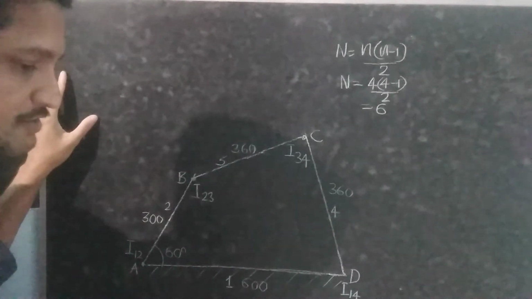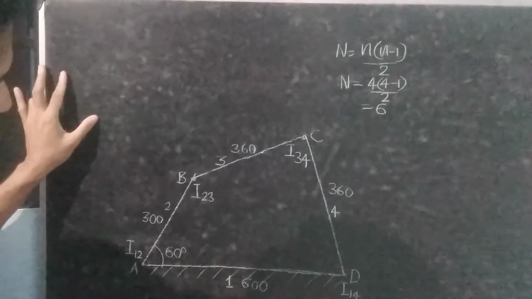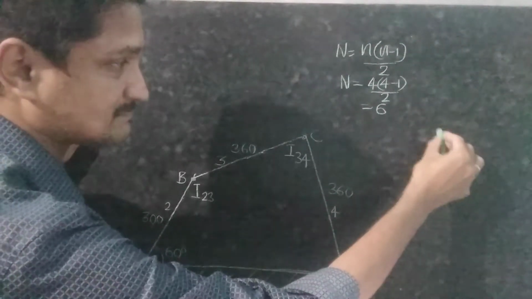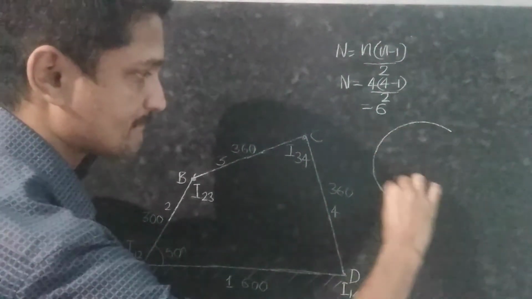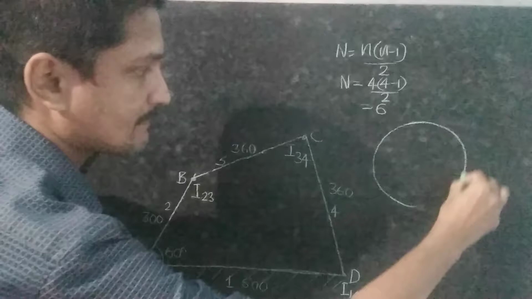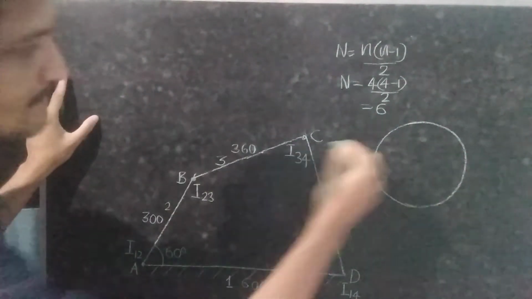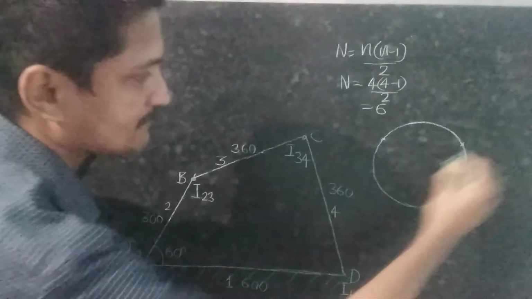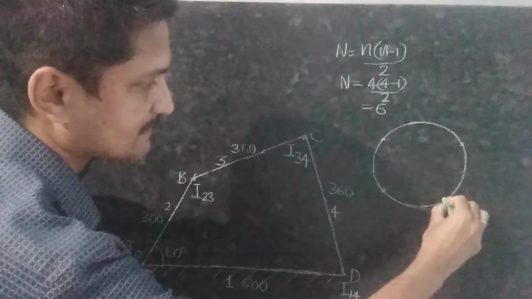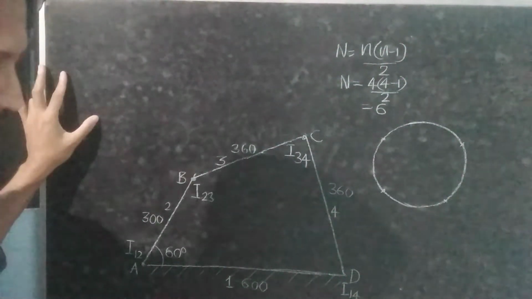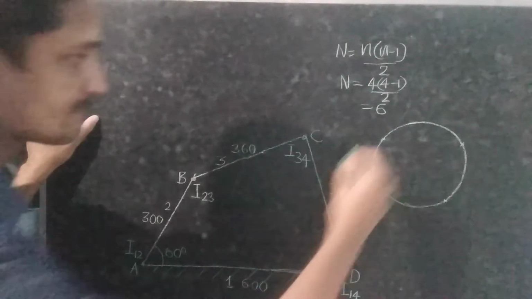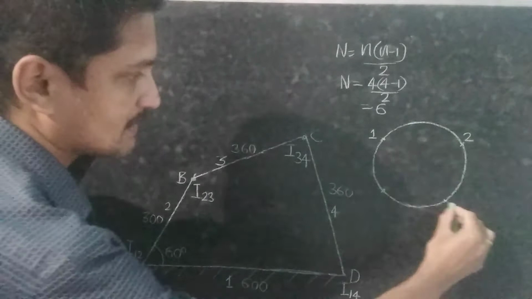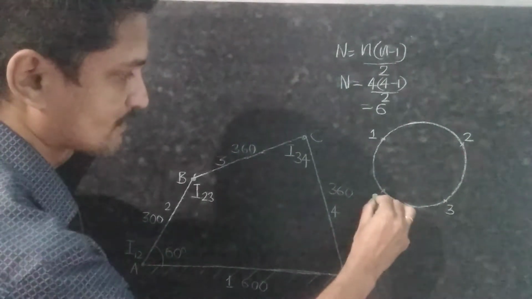First, draw the circle diagram. In the circle diagram, first we have to represent 4 different points as 4 different links: link 1, link 2, link 3, and link 4.